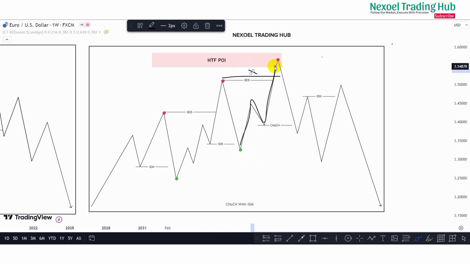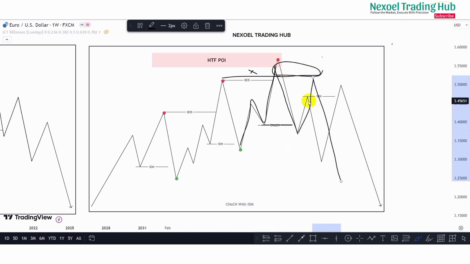So what we are going to be anticipating is once we see price drop to the downside and take out these inducements, which is now leading to a change in market character. So we do not need to wait for the creation of inducement before price falls to the downside. Once we see price returning to the upside, we can just take our entry from this particular lower time frame point of interest, and then we see a fall to the downside.